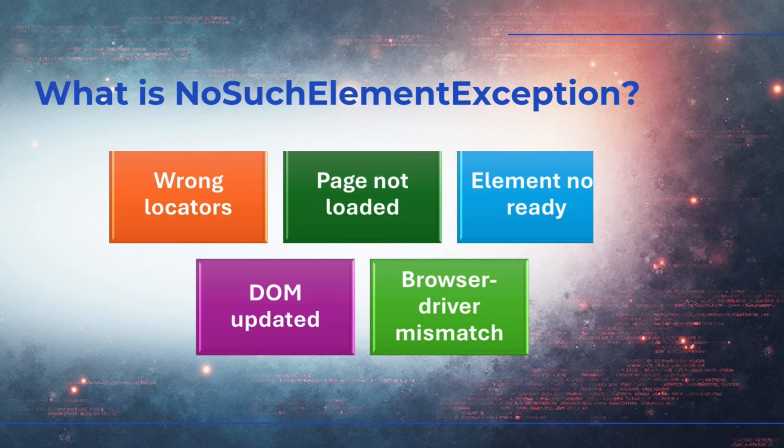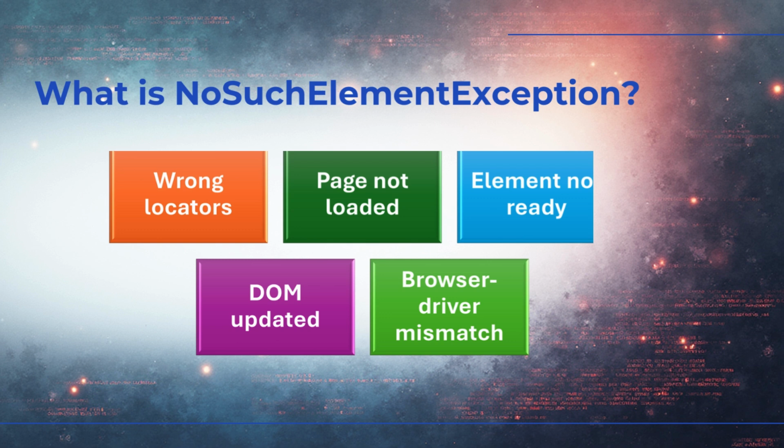Selenium does not wait, guess, or assume anything. It looks at the DOM exactly at that moment. If the browser checks the DOM and does not find the element, even if it appears a fraction of a second later, Selenium immediately throws this NoSuchElementException.